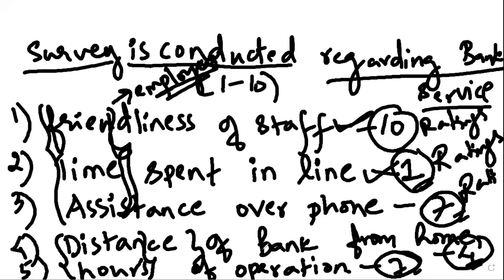Only then they are supposed to take decisions, right? So if they are considering 100 different parameters, here also you can see these are the 5 different columns. Friendliness of the staff can be one column in MS Excel. Time spent in line can be another column. Assistance over phone can be another column. So likewise, we have 5 different columns.